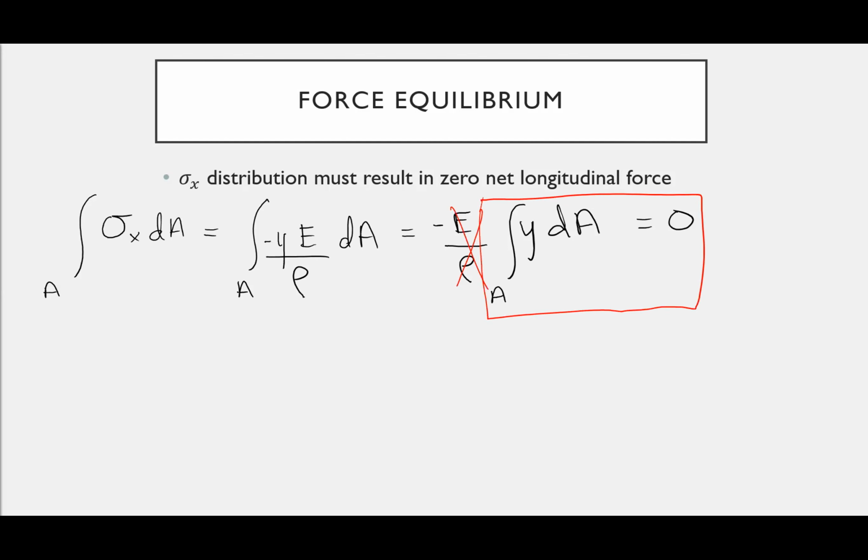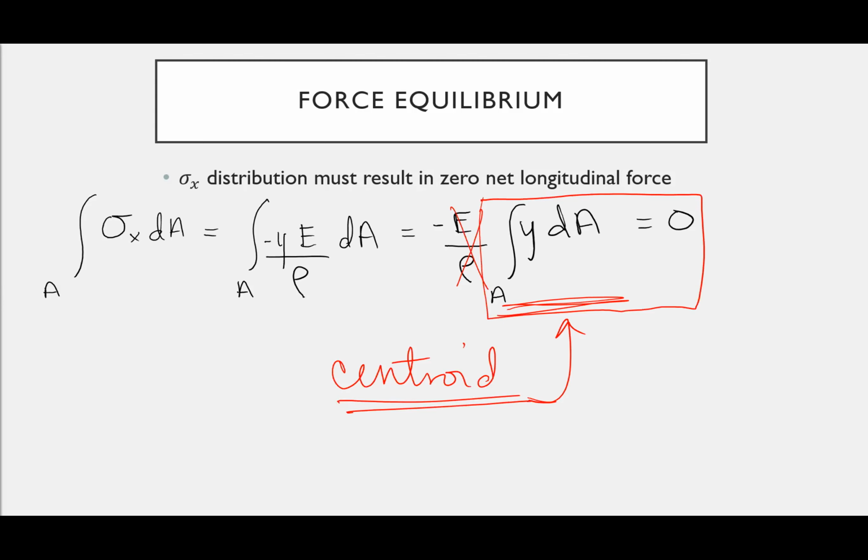Those of you who have been in statics recently, does this look familiar? No? When you talked about centroids, did you see this integral? Yes. Right, so this is basically the definition of your centroid.